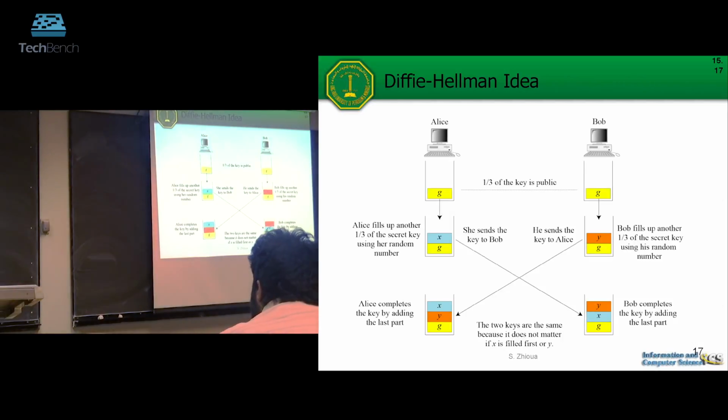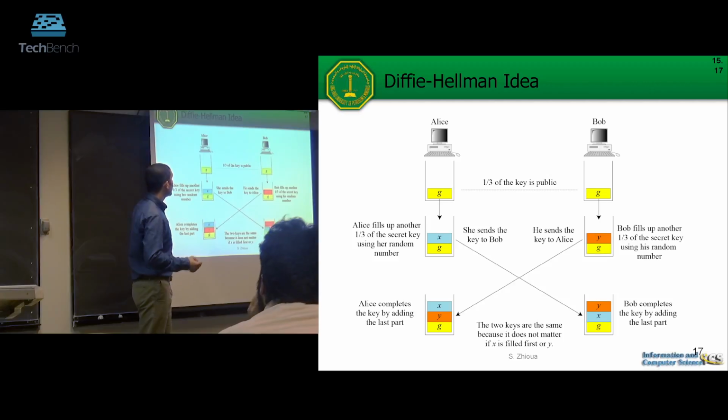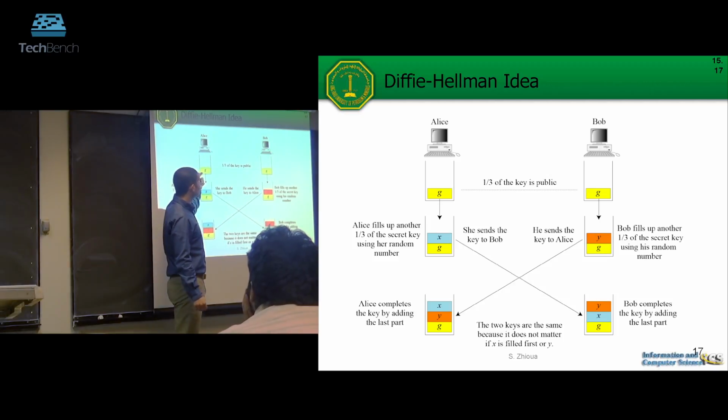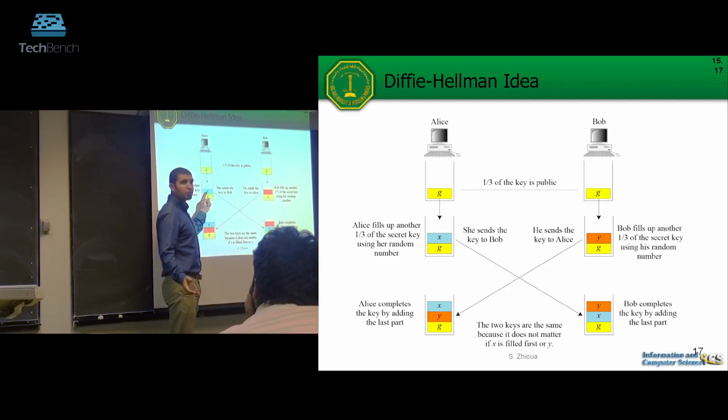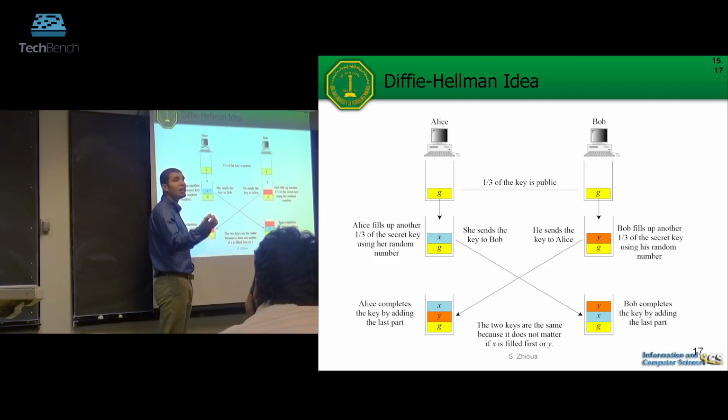The idea here is that the secrecy of the key is composed of three parts. If you have those three parts, you have the key. Those three parts are G, which is public, so one third of the secret key is public. You need to guess the two other parts, X and Y. Alice knows G, has X because she picked that random number, and the third part Y she can get from R2, which has been sent by Bob.